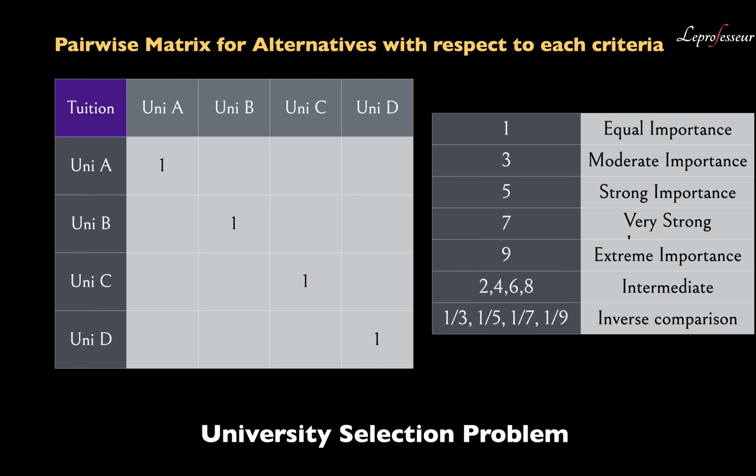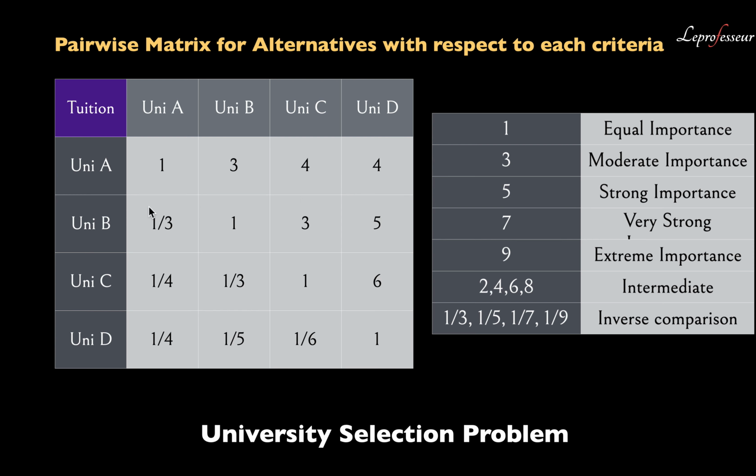So for simplicity, I'm going to keep the same scale. Now I'm deciding, with respect to tuition, how University A and University B stand with respect to each other. Is it moderate importance, strong importance, very strong?